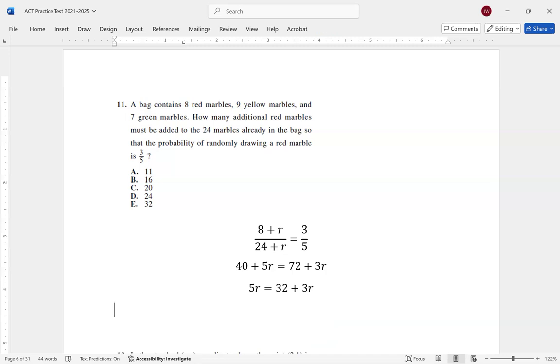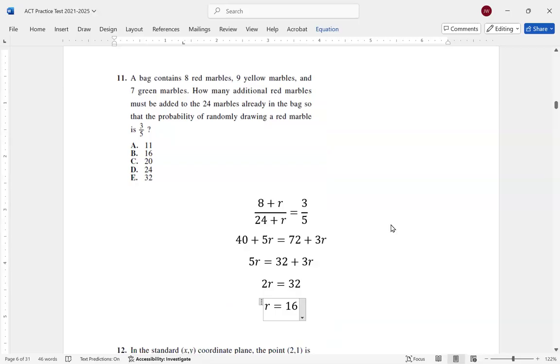And then subtract 3R from both sides, giving me 2R is equal to 32. And then when I divide both sides by 2, I get R equals 16. So this means that I need to add 16 red marbles if I want to make the probability of drawing a red marble 3/5. So the answer to question 11 is B, 16.